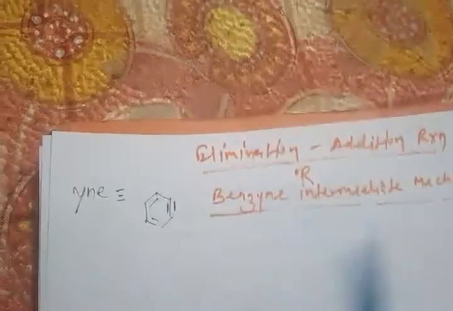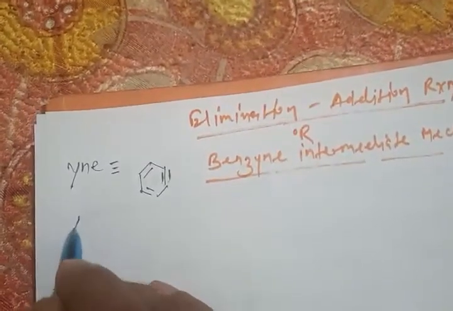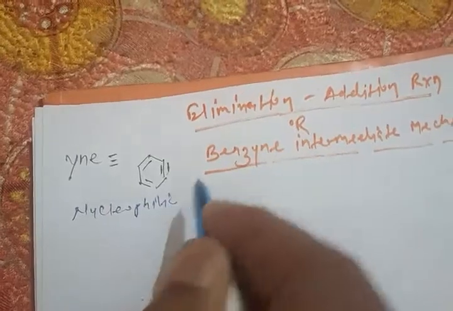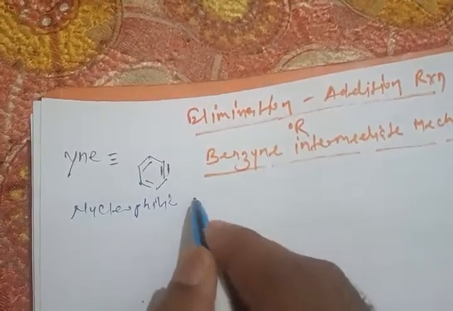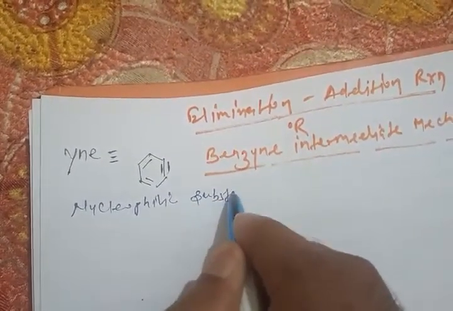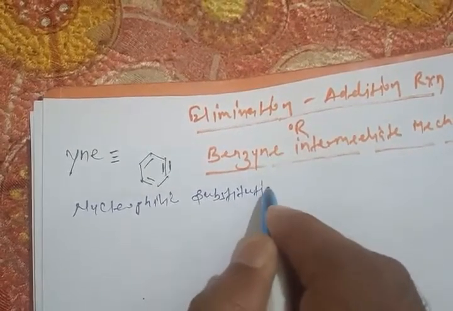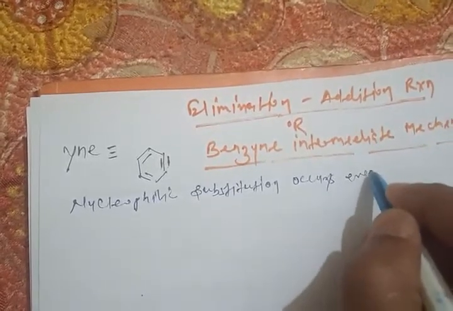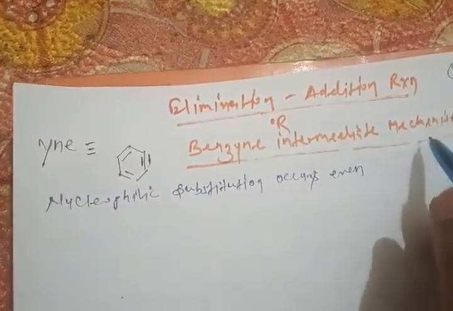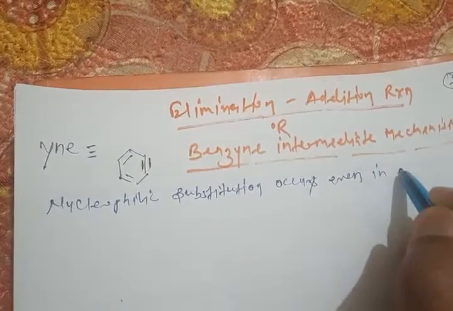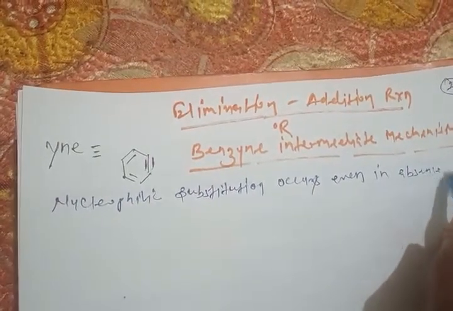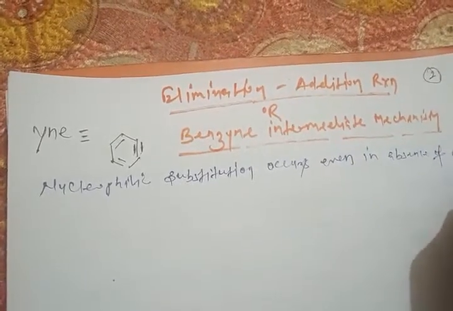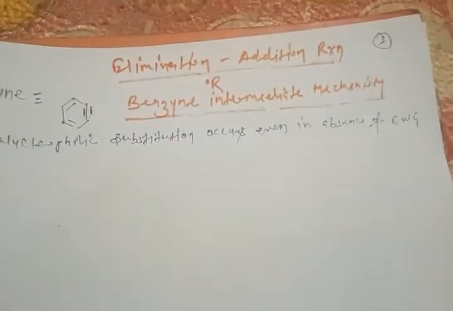Okay, so what we can say is that nucleophilic substitution occurs even in absence of EWG, electron withdrawing group.